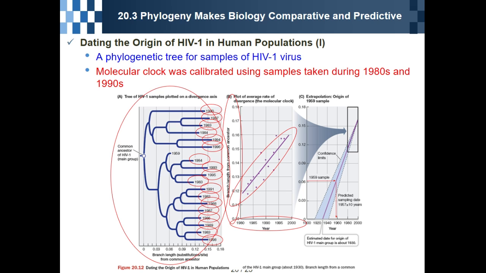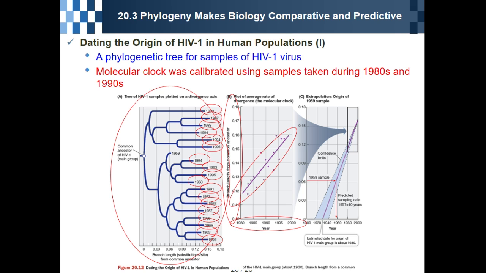So this is the years, and this is the difference from the common ancestor. We made the graph like this. So this graph belongs to this one. So based on this graph, we can make the graph like this.